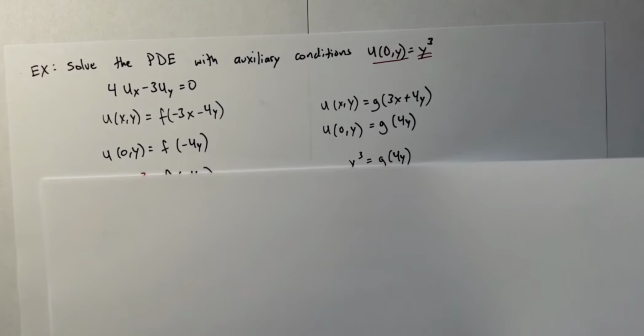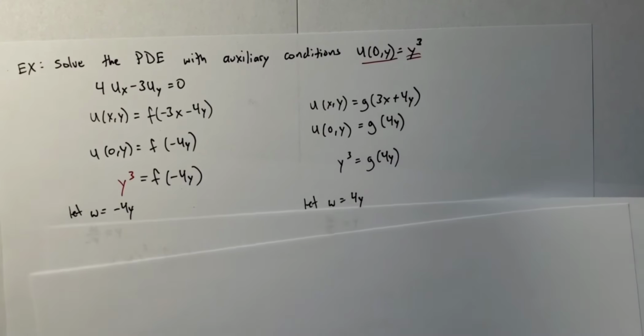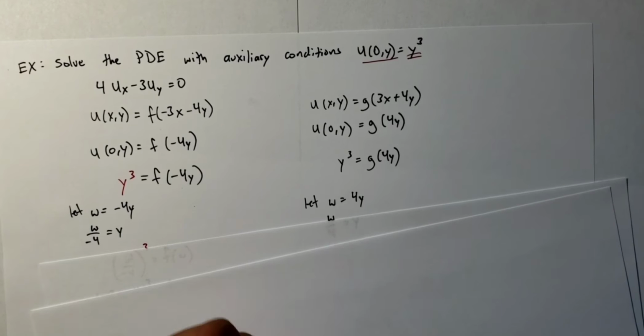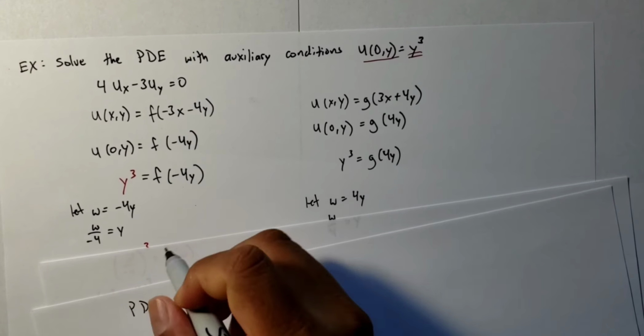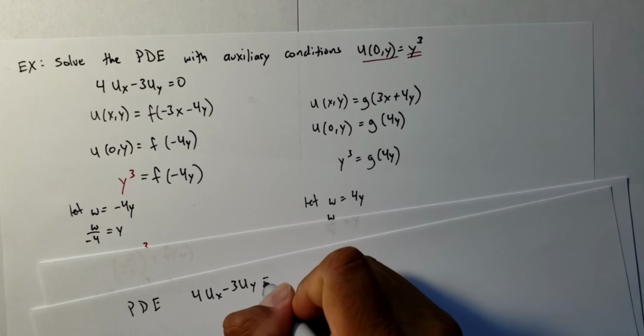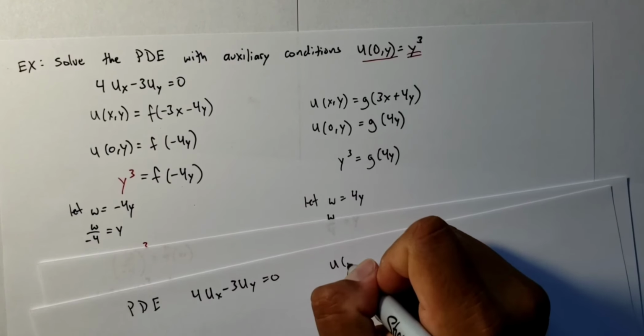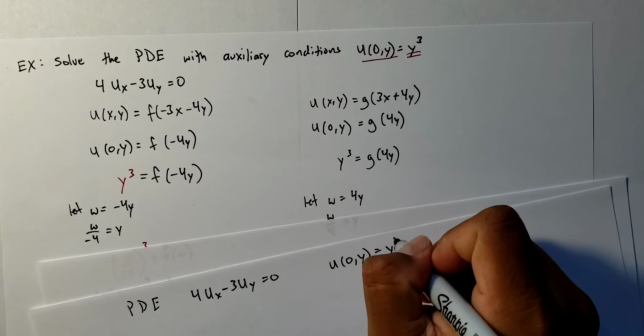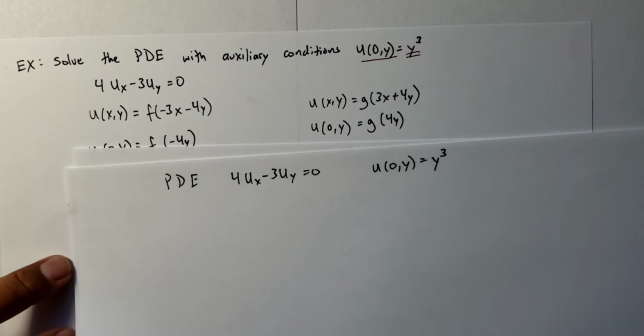Let's see, so our PDE was for u of x, and the auxiliary conditions. So that was our PDE and those are auxiliary conditions.